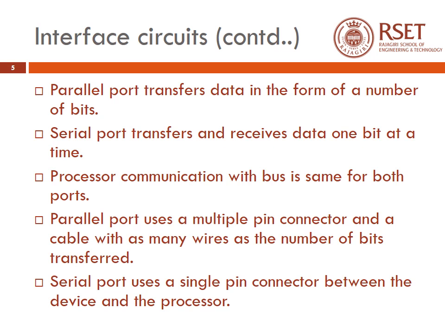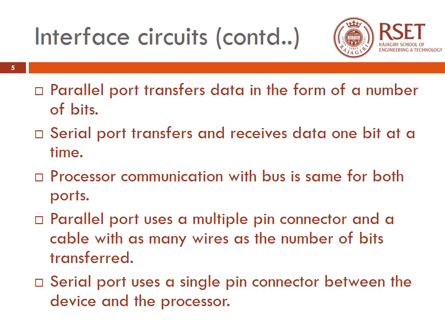Now the parallel port and serial port are used for communication between the interface and the IO device, whereas whether I am using a parallel port or a serial port, the communication from the interface to the processor always remains the same. That is, the processor's communication with the bus or the interface will be the same for both kinds of ports.